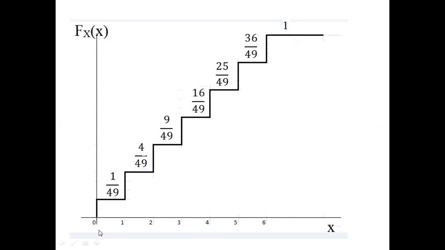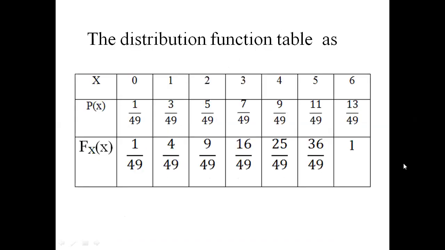X means the random variable events are taking on x-axis and the corresponding distribution function is taking on y-axis. At 0, the distribution function is 1 by 49. At 1, the distribution function is 4 by 49. At 2, the distribution function is 9 by 49.